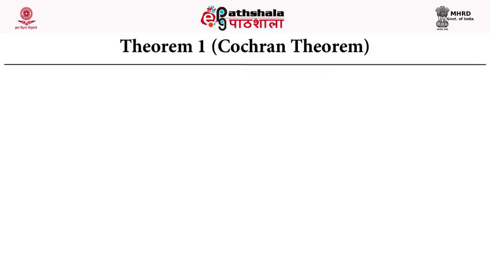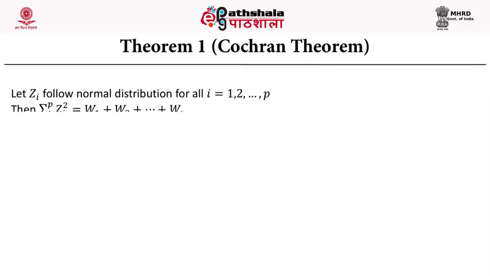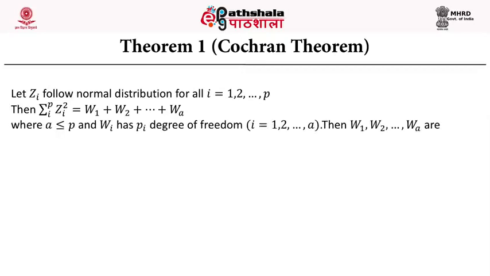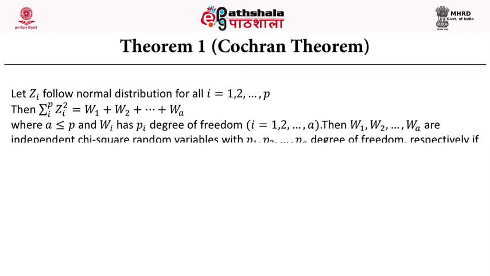Now in this section we discuss an important theorem, that is Cochran's theorem. It is essential for understanding the F statistic, and how we apply this theorem for the construction of the ANOVA table.